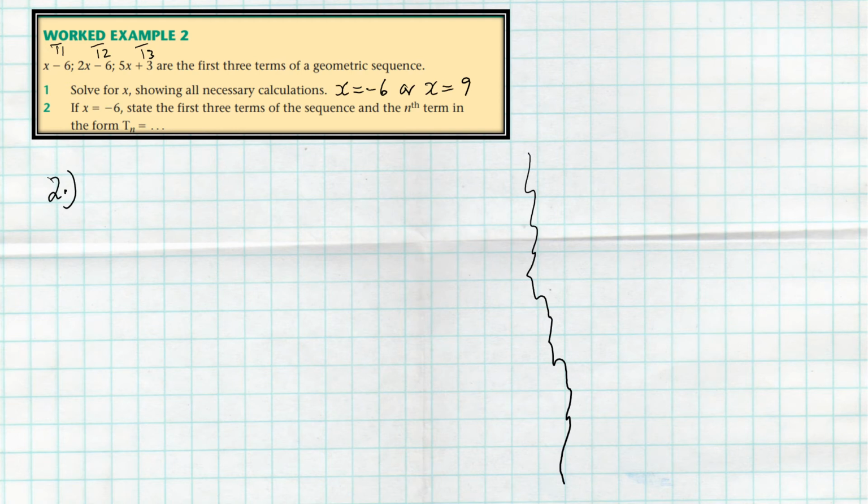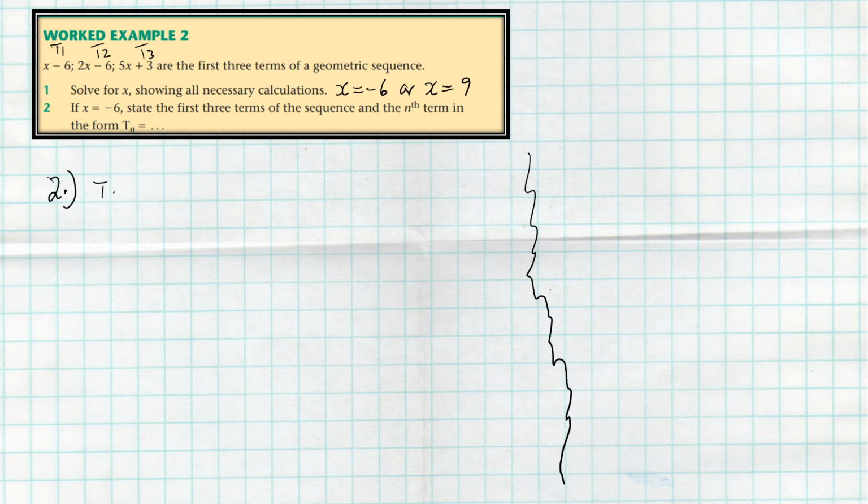Okay, let's take a look at the second one. It says if x equals minus 6, state the first 3 terms of the sequence and the nth term in the form of Tn equals something. So they are saying if x equals minus 6, let's take the first 3 terms of the sequence.